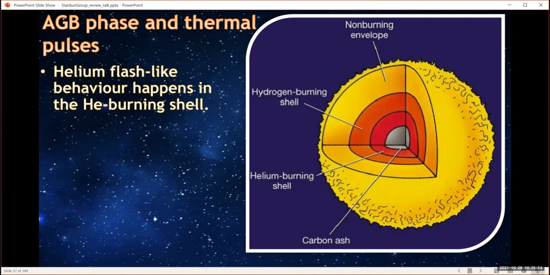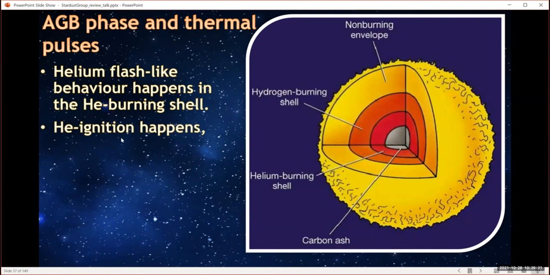But there's also another thing that happens because of the helium burning shell. In the helium burning shell, what we get is something that, whether or not it is actually burning, that is fusing helium to make carbon, is very temperature sensitive. And so what you get is something where when it's hot enough to switch on, it will switch on helium burning, but then it's making a lot of energy and it will heat up and expand.